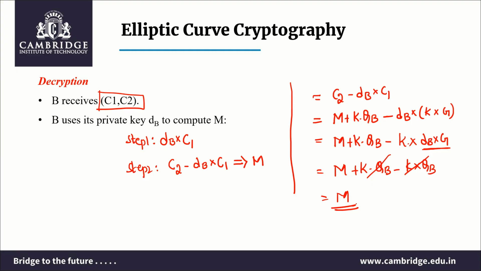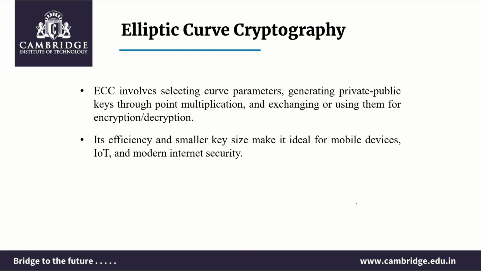Here the ciphertext is sent as a pair of values because we are considering a point on the curve, so we have to divide it like this. Hope it's clear. To summarize, in one of the earlier videos we have seen that ECC can be used for encryption, decryption, key exchange, and digital signature, right?